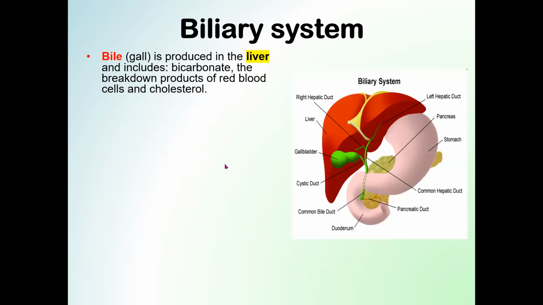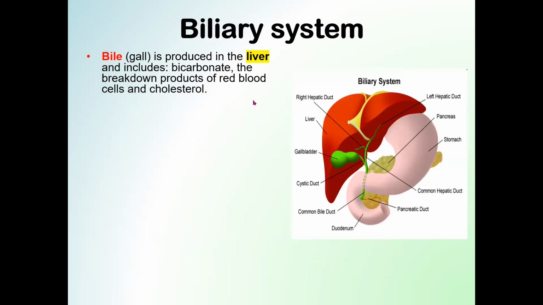So the biliary system, this is the production of bile. It's so important. So we have the liver, and this is sort of inside it somewhere. Bile, by the way, used to be called gall, and that's what's called the gallbladder. That's the old name for it.